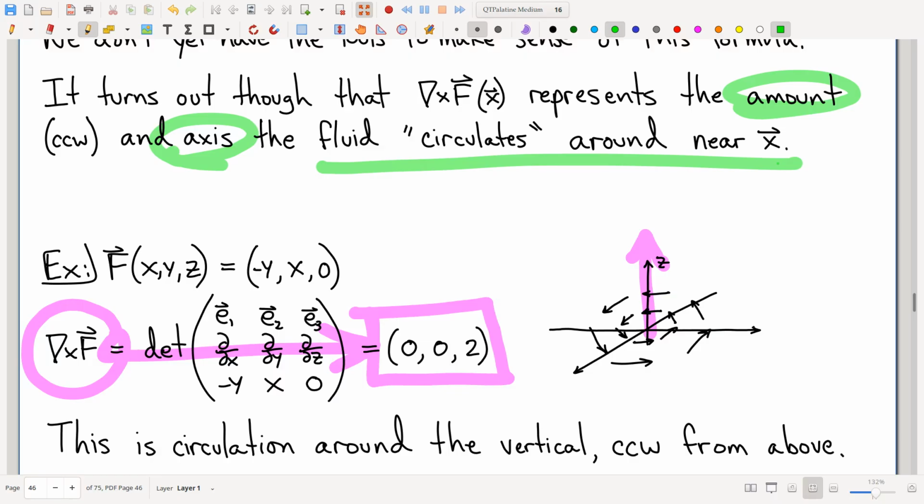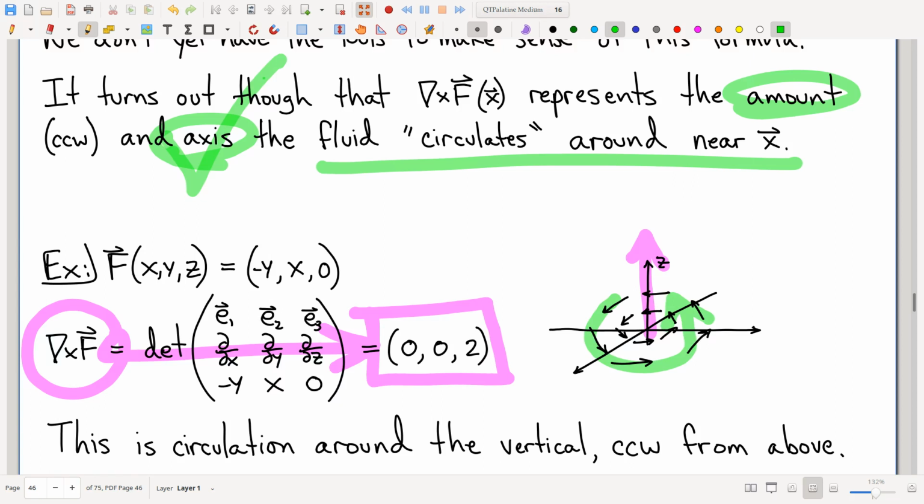It's telling you to what extent there's this rotation in the fluid. And it does. Look at that. It's literally rotating around the curl. The curl is pointing in the direction of the axis that this rotation is around.